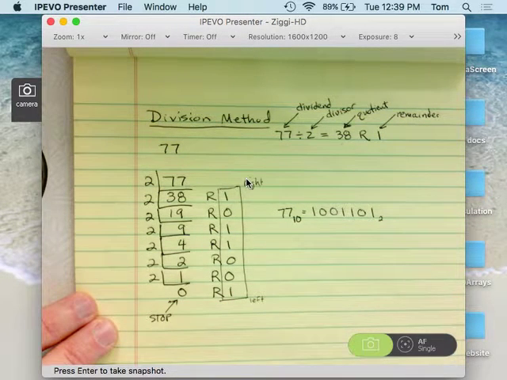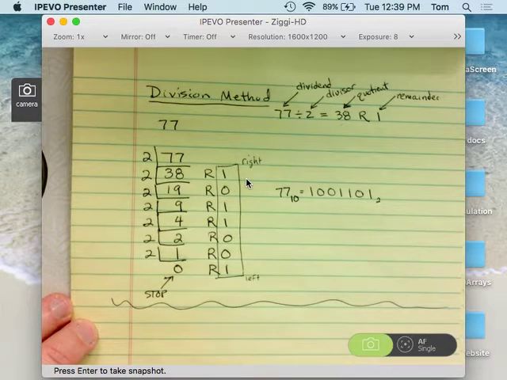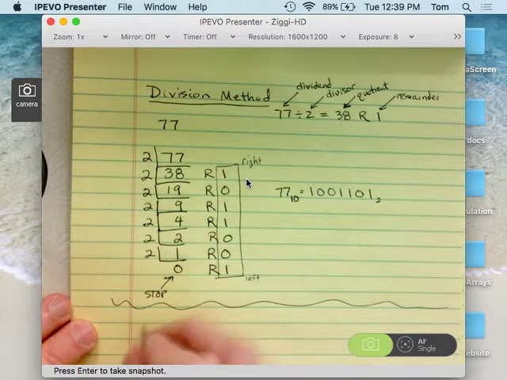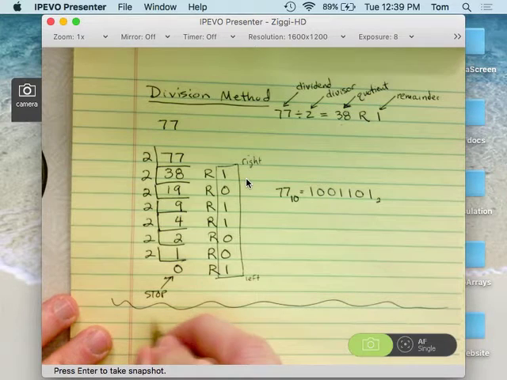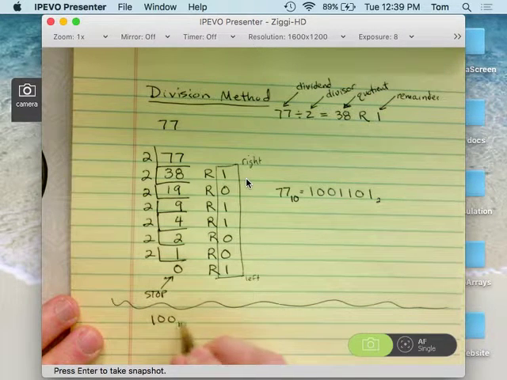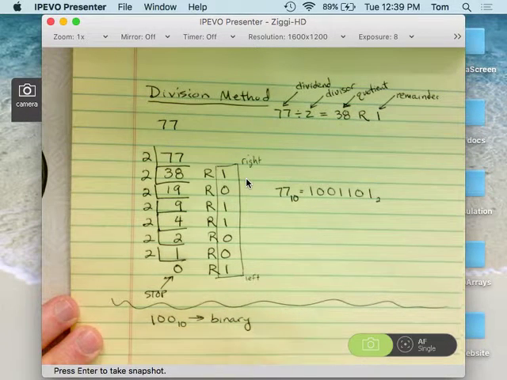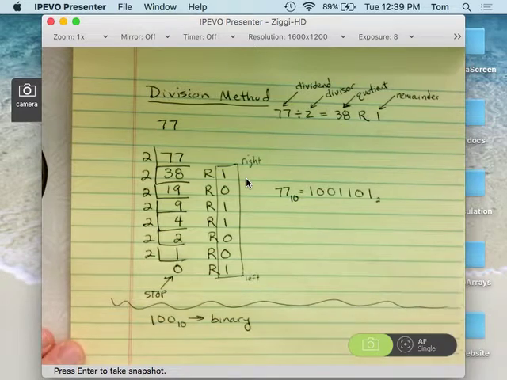Okay, so that's a little bit of a different process. Why don't you guys try to do that process with a different number here? Let's use 100. So 100 base 10, what does that equal in binary? Go ahead and try to do that on your own with the division method.